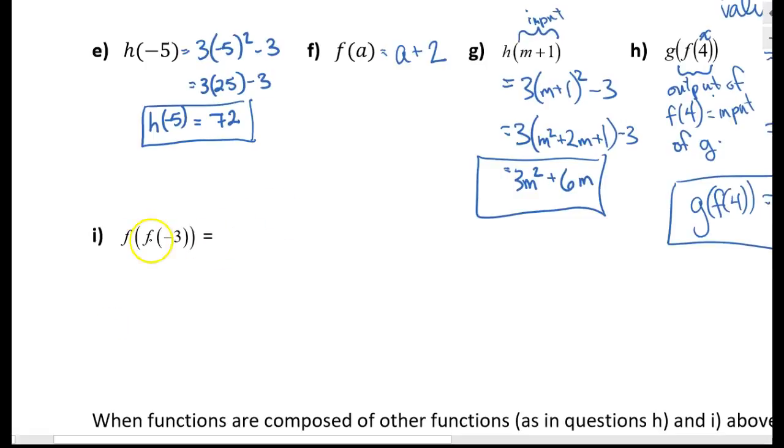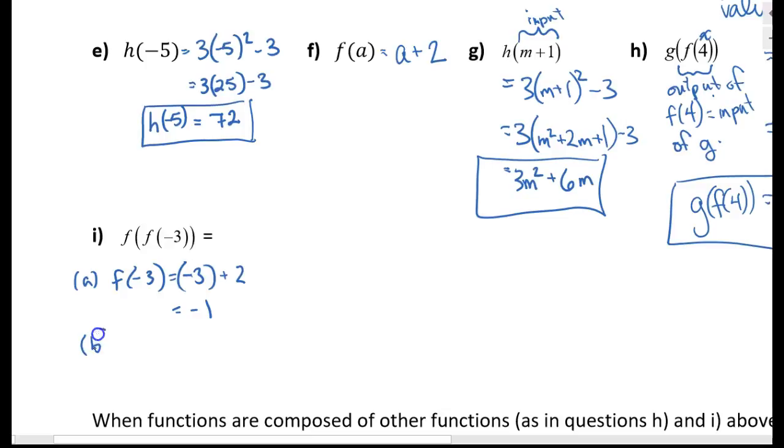If we do it the other way, I can solve for option A. f of -3, so solving for the inside, is going to be -3 plus 2, which is -1.